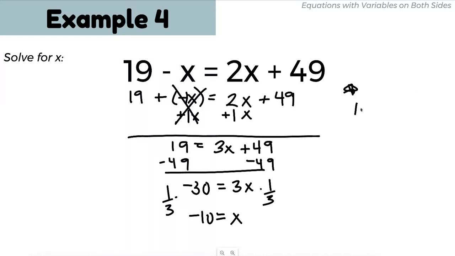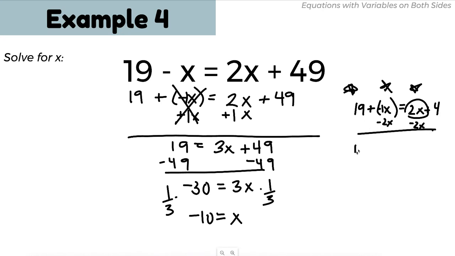Now you don't have to copy this down, but I just want you to see that I could have picked any number. I could have picked the other, this 2x, to eliminate first. So again, don't copy this down, just watch. But let's say you wanted to eliminate the 2x first with a -2x. On the left-hand side, I get 19 plus -1x plus -2x is -3x.